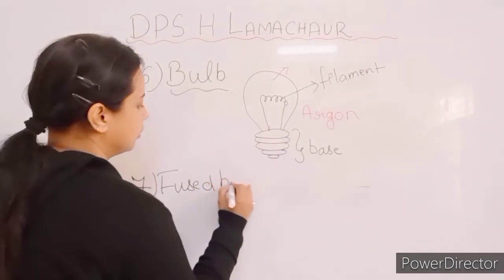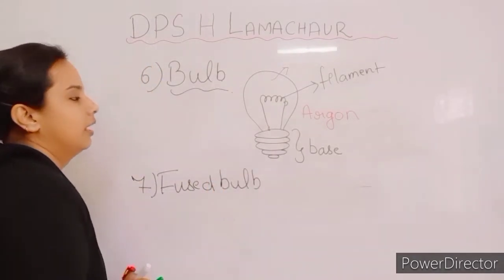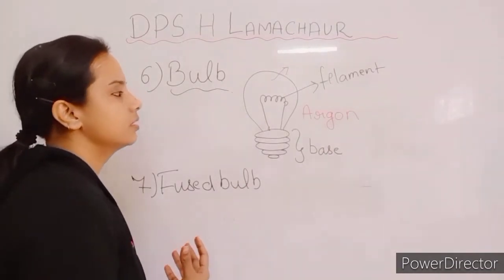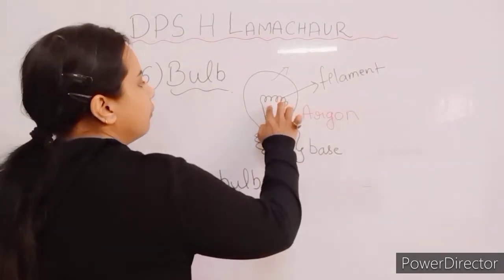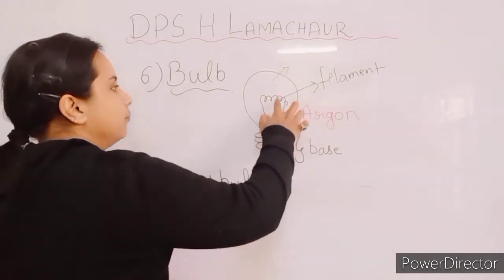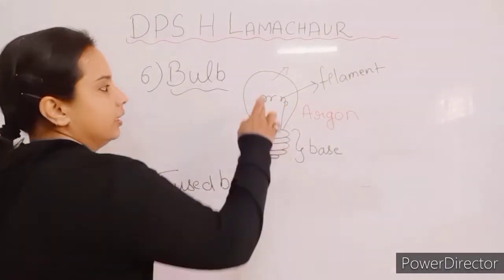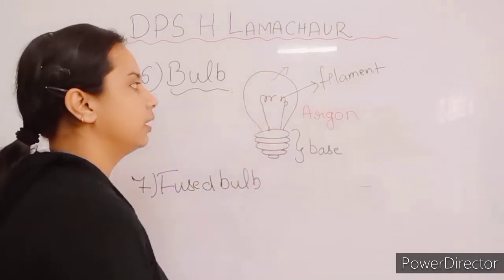Now when we say that the bulb is fused, what does it mean? When we use a single bulb for a long time, what happens? The filament will break down. So the filament breaks. When the filament breaks, then what happens?